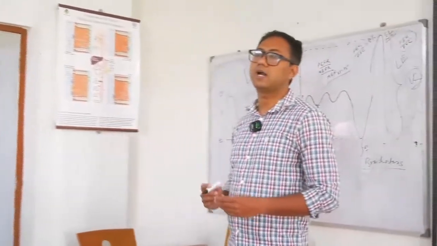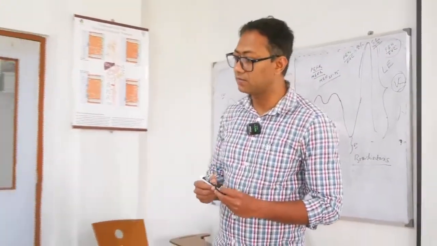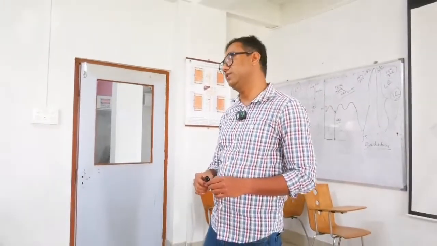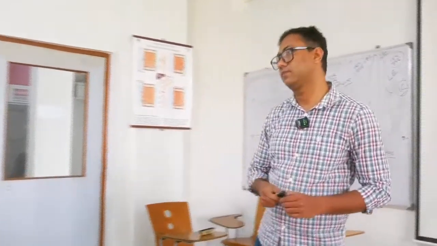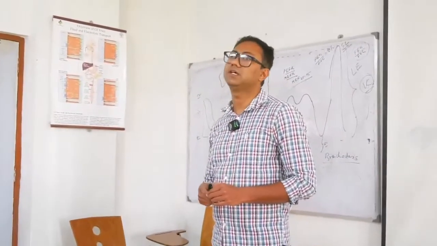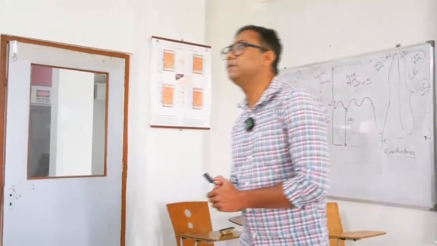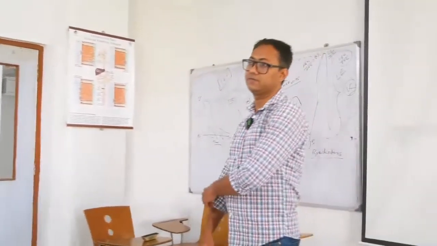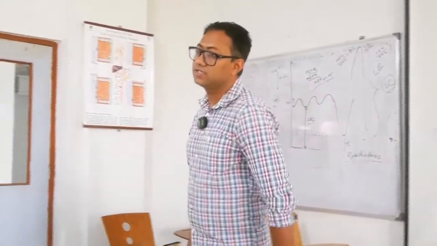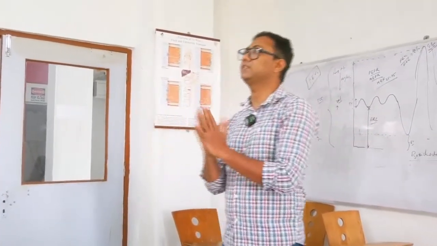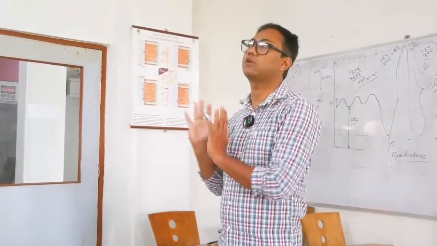Now under more than 80%, you write normal or restrictive. And under less than 80%, you write obstructive. So this is the easiest way to categorize a patient as obstructive or restrictive.